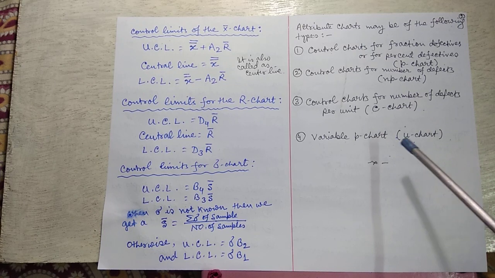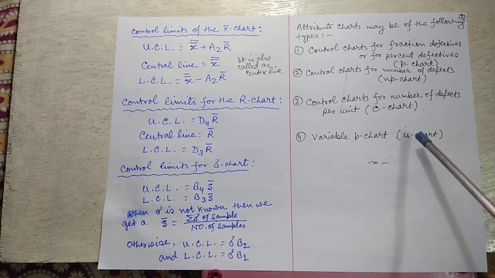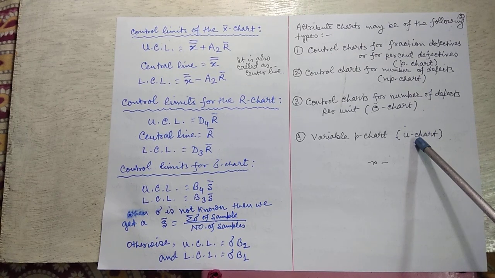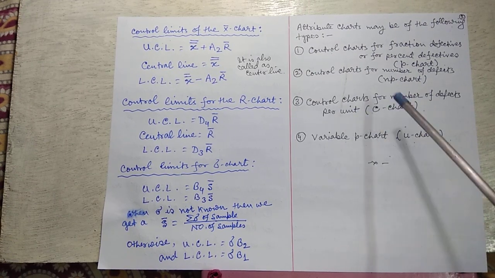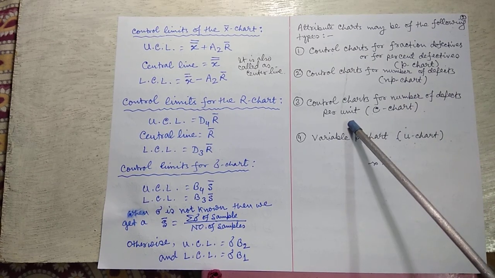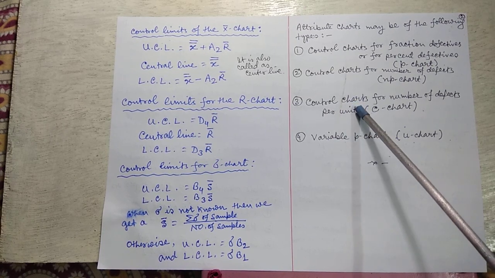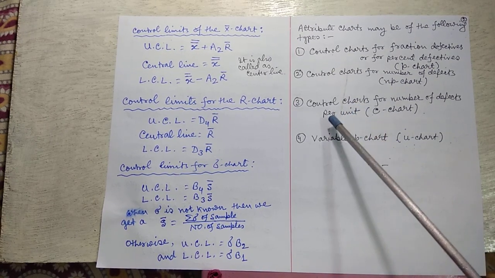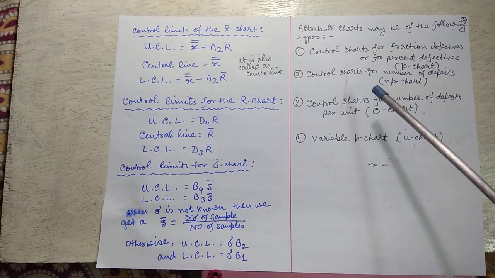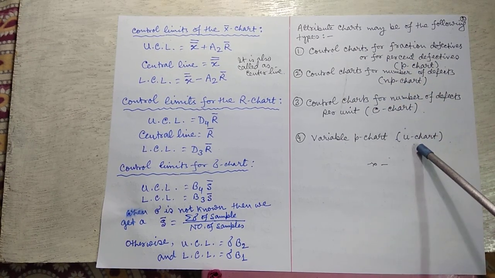Now I have to mention one point, that U chart is also of another type. That is, we measure the number of defects per unit, but when it is considered only for 1 unit. But if we consider more than 1 unit, then also we can use U chart. Clear?